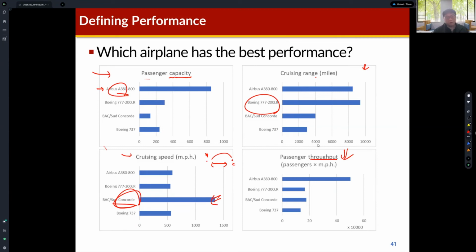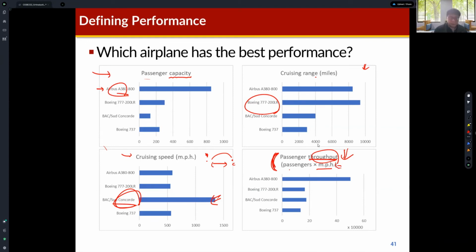Then how can we compare the performance of airplanes with a more reasonable performance metric? We can calculate metrics such as throughput. What's the throughput? Throughput means the number of passengers multiplied by speed. What does that mean?